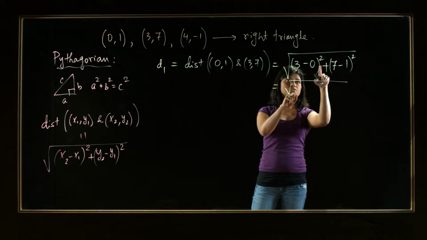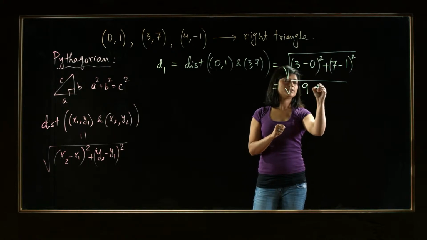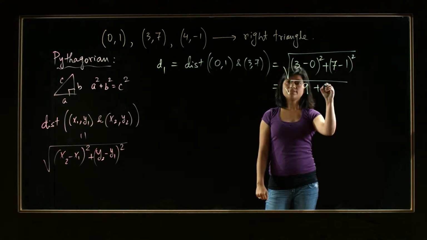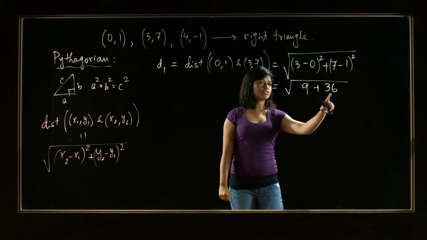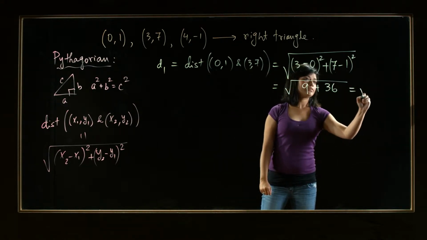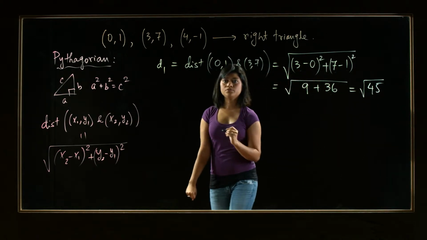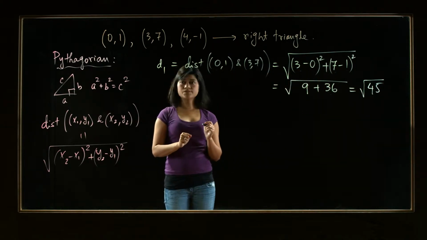This is 3 squared, so that is 9. And 7 minus 1 is 6, whose square is 36. So this is 36 plus 9, that is 45, the square root. So that's our first distance.